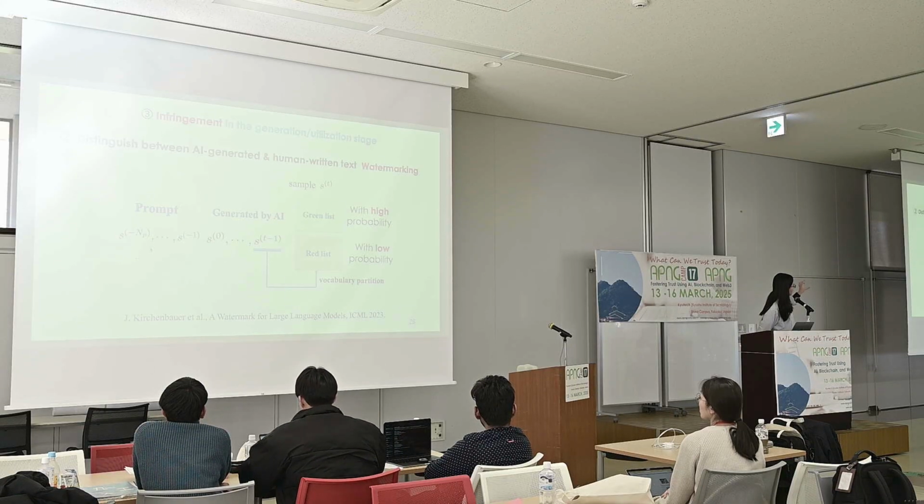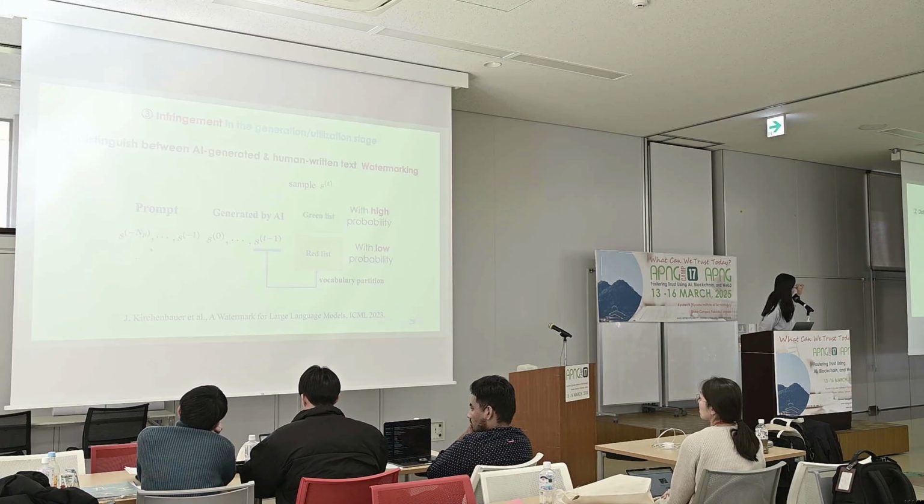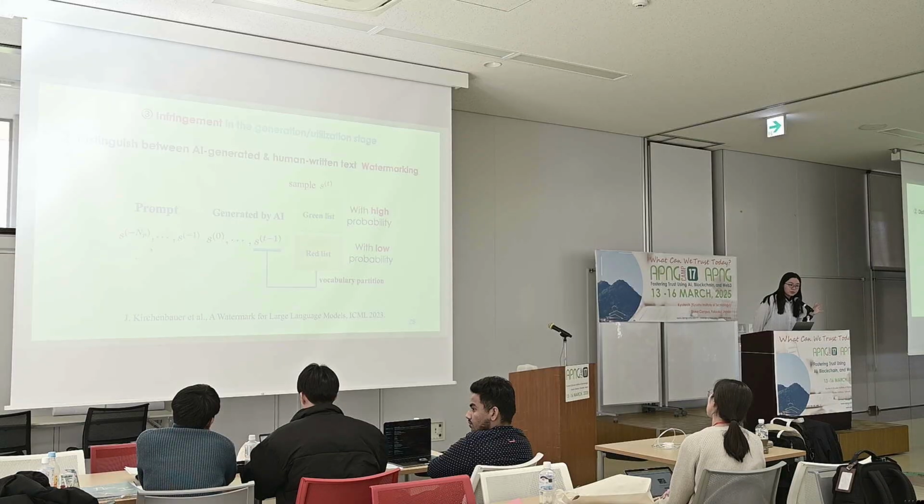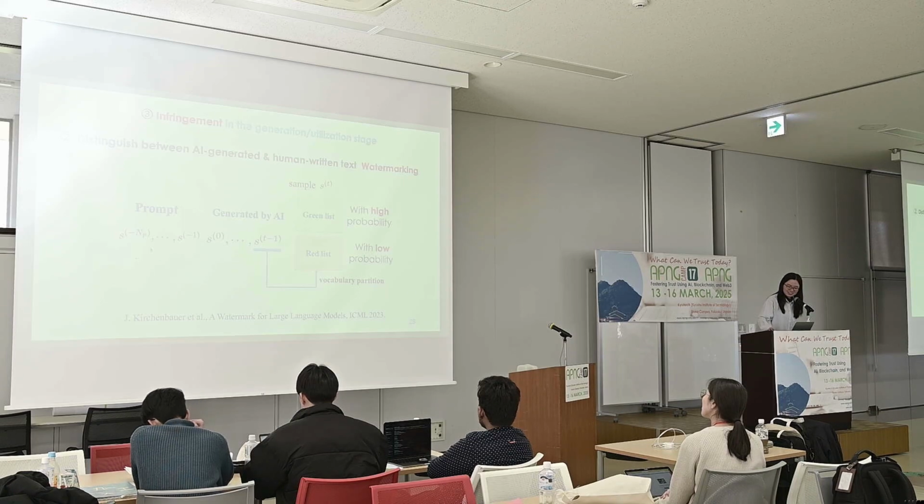We put more probability on the green list and less probability on the red list, so that if you use this in AI generation, it will have more output with green color, right? Because this is the basic idea used for AI. But for a human, it could be green, could be red. So if we use this watermarking mechanism, we can count how many words are green and how many words are red. That means for a human, there should be half green, half red. But for AI, it will be more green than red. This is the basic idea. Does it work?